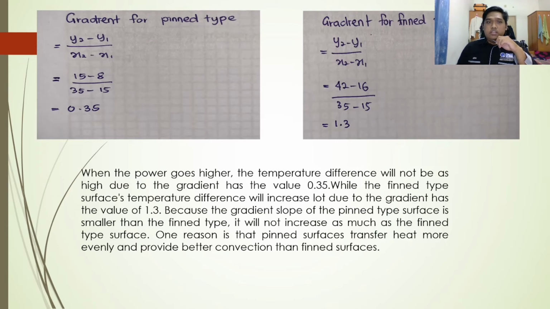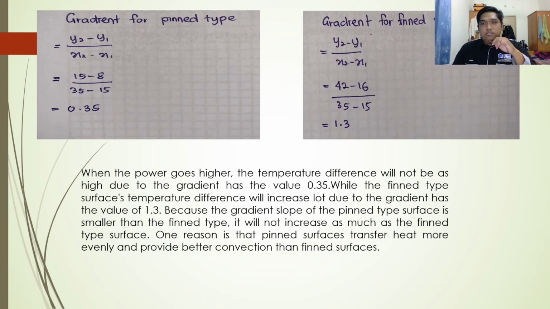For the gradient for pin type, we use the formula y2 minus y1 divided by x2 minus x1. Then we get 15 minus 8 divided by 35 minus 15. And we get the gradient for pin type is 0.35.